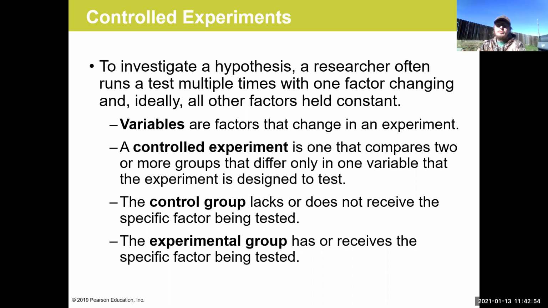we would have two groups where we would differ the amount of sunlight that is exposed to those plants. You would have one group that gets maybe 12 hours of sunlight during the day, and you would have another group maybe gets 6, another group maybe gets 4.